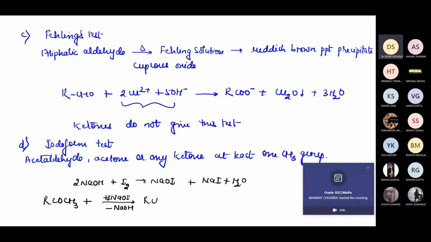Then with NaOH, it gives COONa plus CHI3. This is called iodoform, and it is a yellow colour PPT. So this is how we can distinguish all these. Okay. Now I hope up to here you will finish your register work. Yes, ma'am.